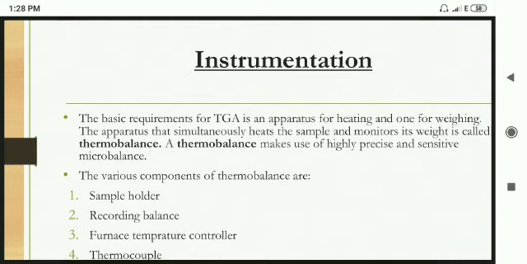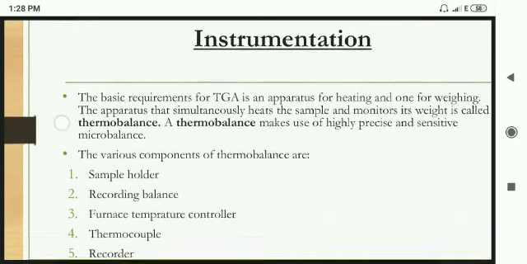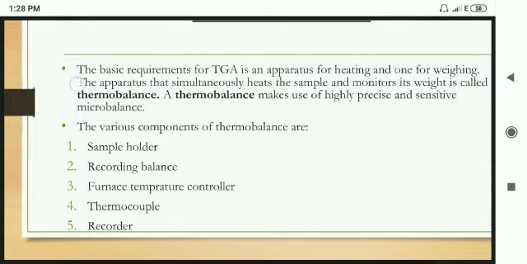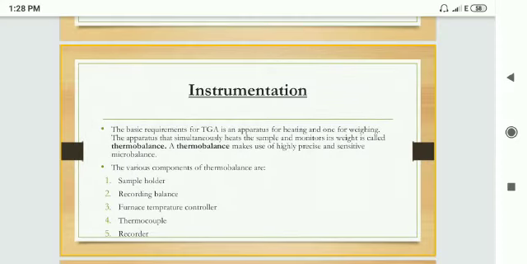The weight is recorded with the help of the thermobalance, which makes use of a highly precise and sensitive microbalance. Various components of the thermobalance are sample holder, recording balance, furnace, temperature control, thermocouple, and recorder.